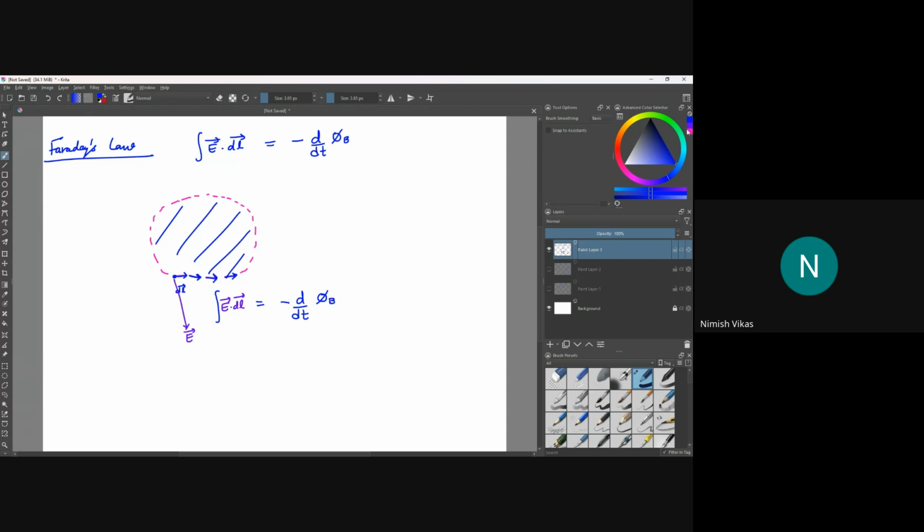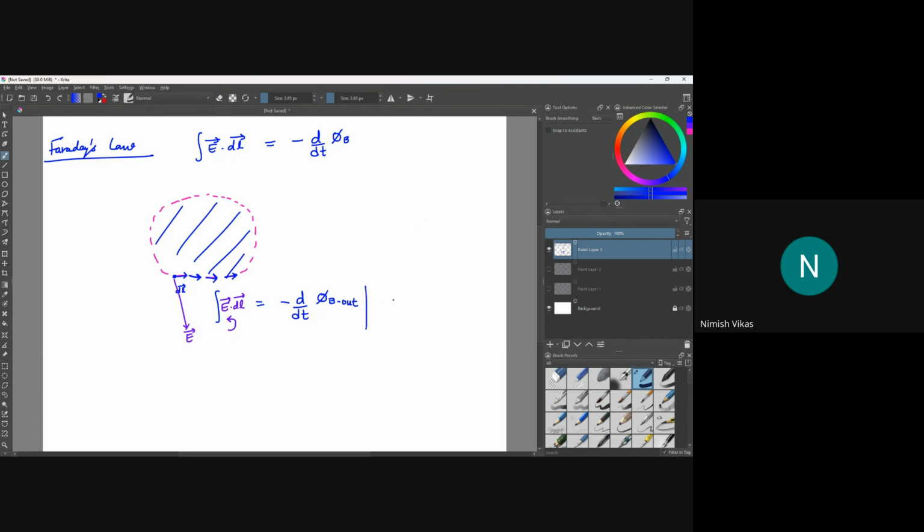So now direction is very important here. What does that mean? In this diagram, I'm traveling in the anti-clockwise direction around the loop. You can see the direction of arrows, right? They're going in the anti-clockwise direction. So integral E bar dot dl bar found in the anti-clockwise direction is equal to minus d by dt of flux that is coming out of the screen.